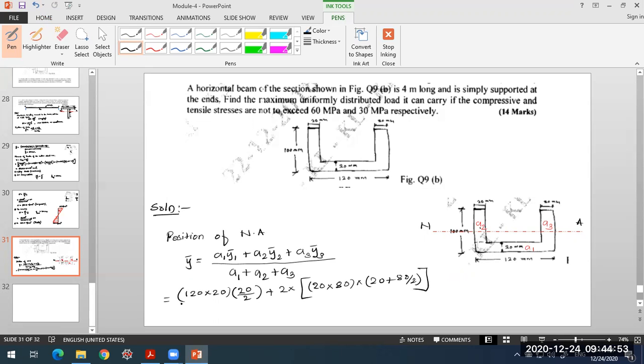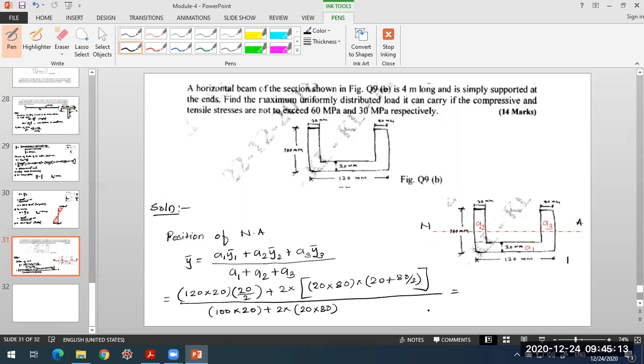This is A1 Y1 bar plus A2 Y2 bar plus A3 Y3 bar. Whole thing divided by 100 by 20 plus 2 into 20 by 80. Okay, so this will give us that Y bar.